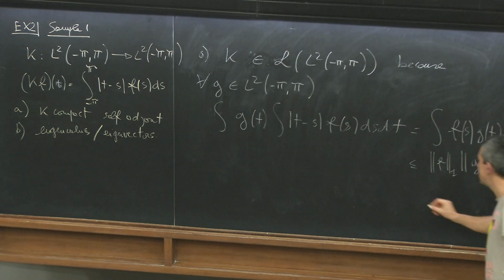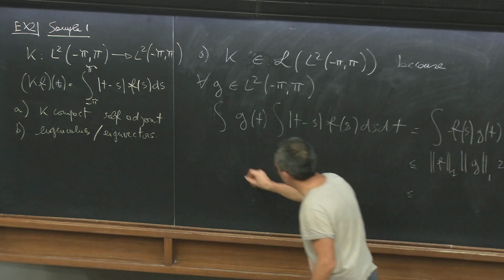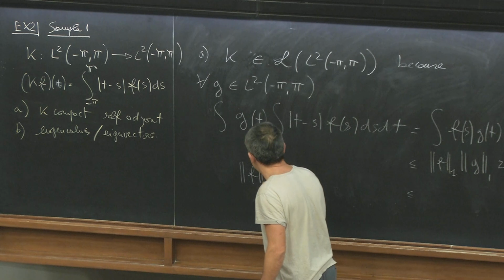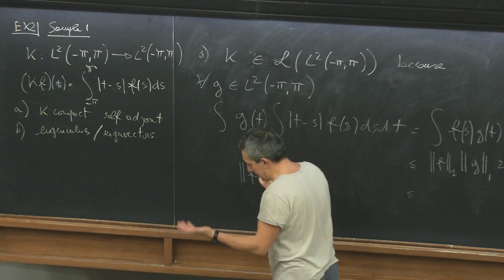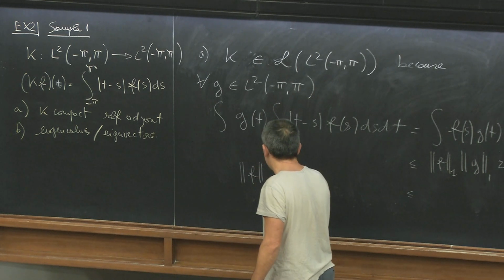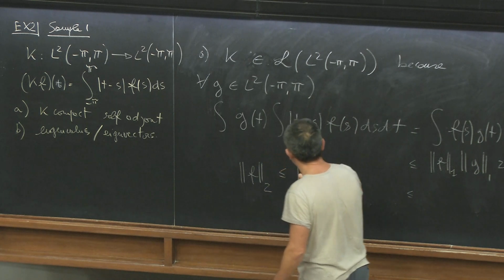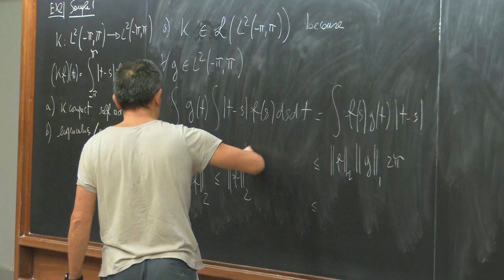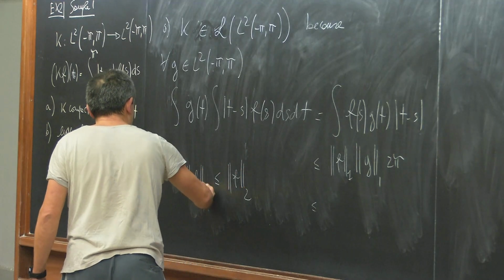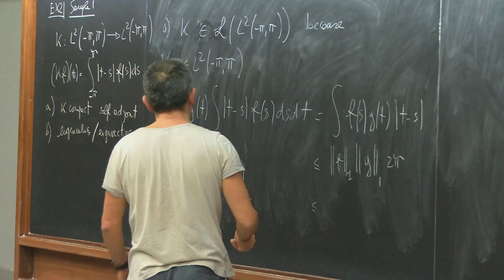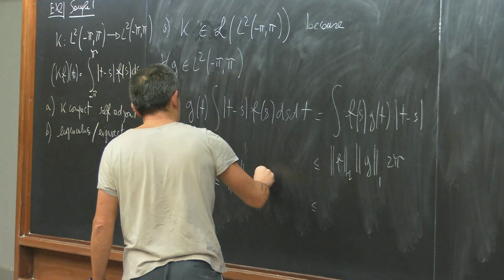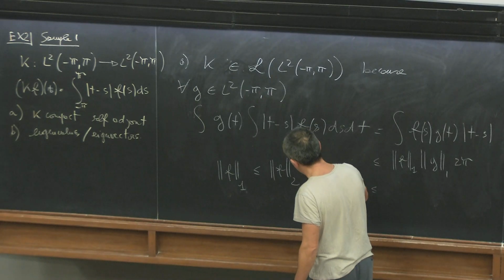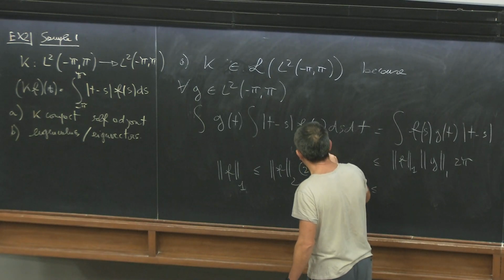Being in a bounded set, by Hölder the norm of f in L1 is less or equal to the norm of f in L2 times the measure of the set to the power 1/2, which in our case is (2 pi)^(1/2).